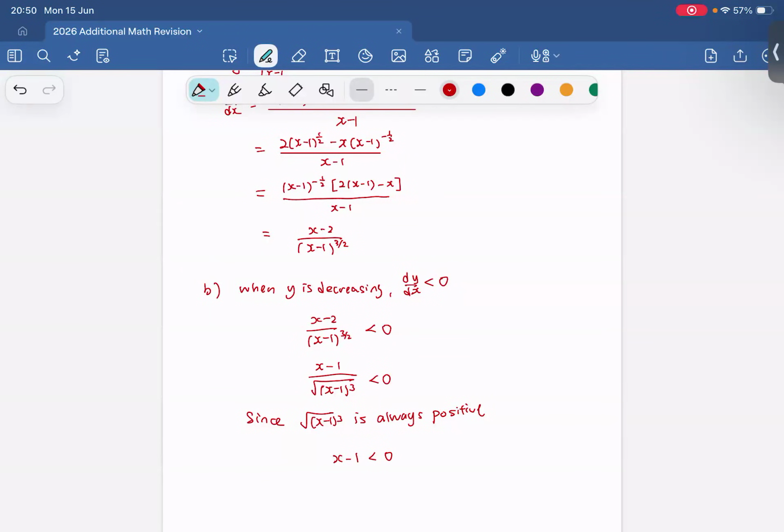This is the concept. But I know a lot of you will just see it as this over 1, then cross multiply to get this. It's still acceptable if you don't write this statement, but if you go to A level, it will not be correct later on. So for y to be decreasing, x has to be less than 1.